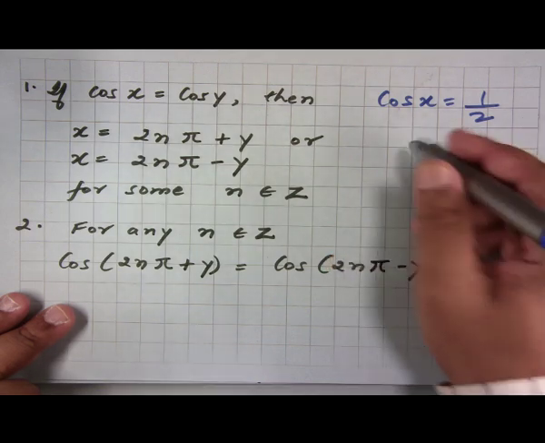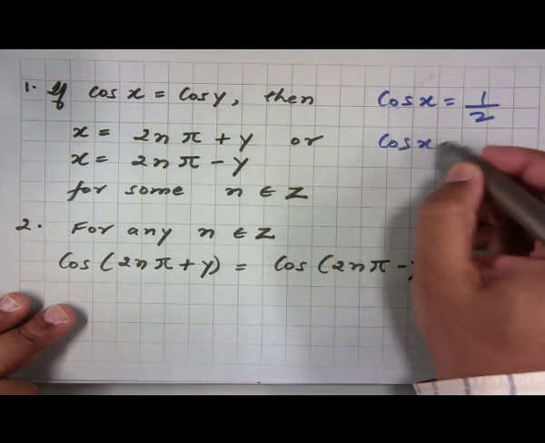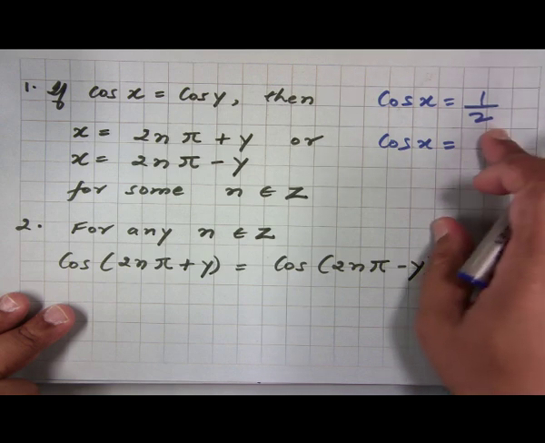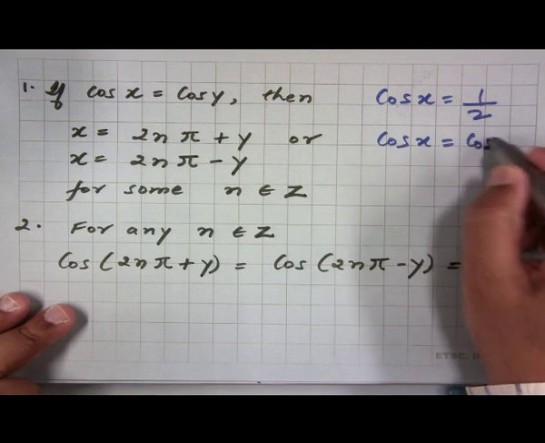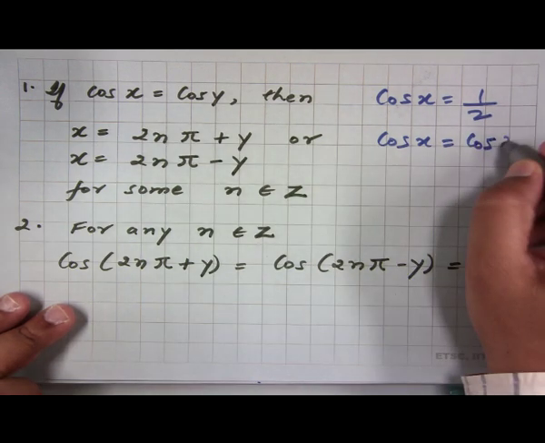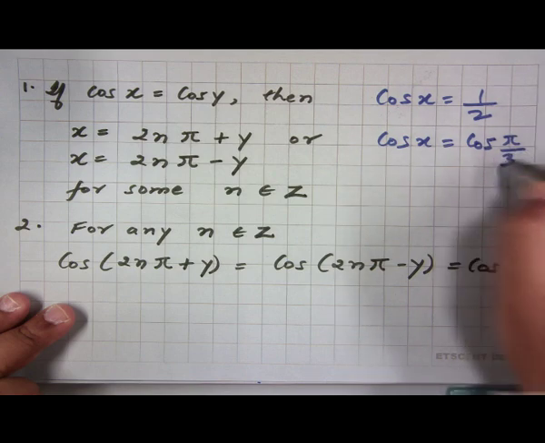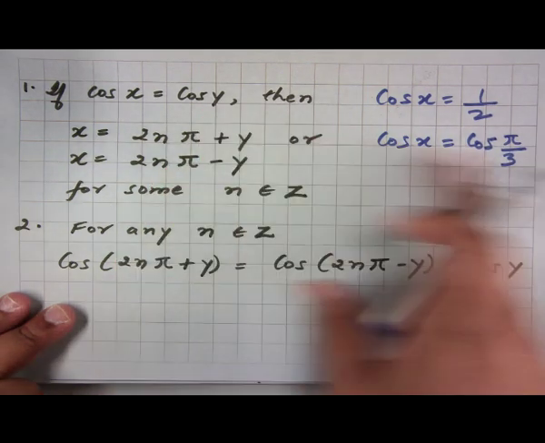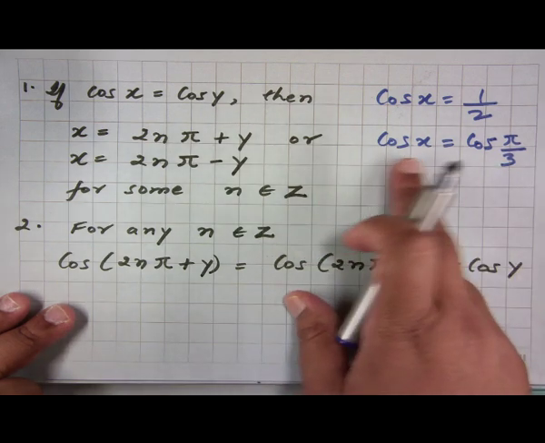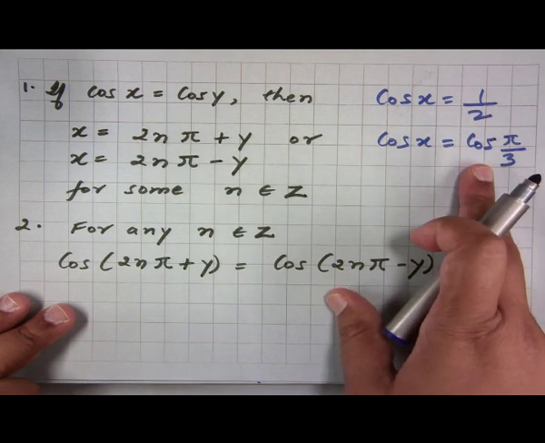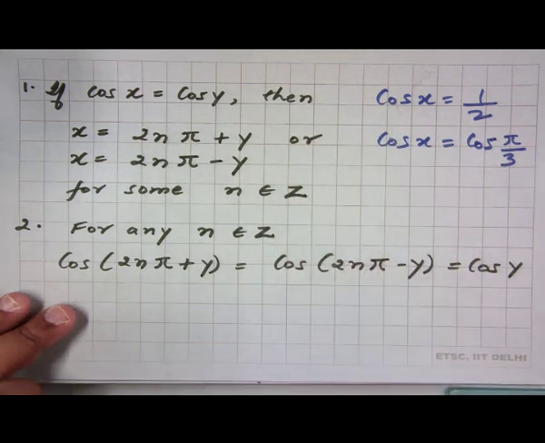So, we realize that cos x is equal to, now half is equal to cos of 60 degrees, which is pi by 3. So, we have y equal to pi by 3 here, and then we want to find the general solution to this equation. So, towards that we will discuss some results and see how to find the general solution.